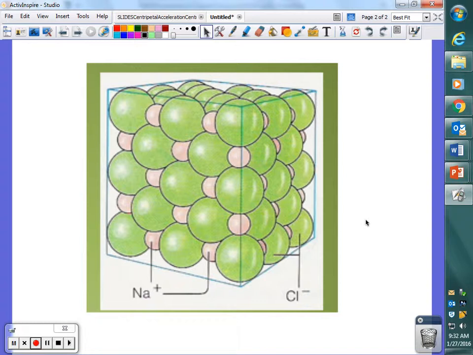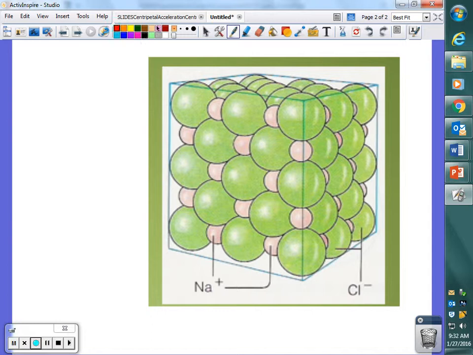Back when we first started doing ionic bonding, I drew you this picture. Here was sodium with its 1 valence electron. Here was chlorine with its 7 valence electrons. And then this happened: transfer of electrons. Sodium's positive, chlorine's negative, cation, anion, and now we end up with this.